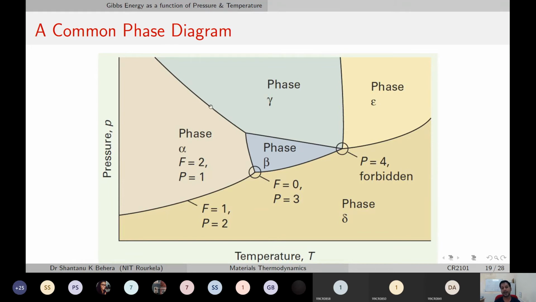So the number of phases that are present here is 2. Now, what's the number of components, chemical components? That is still 1, because alpha phase and gamma phase are chemically the same substance. So the number of components that I have is a single component. As I said, the whole of this diagram is a single component diagram. So along this line, I have two phases and one component.